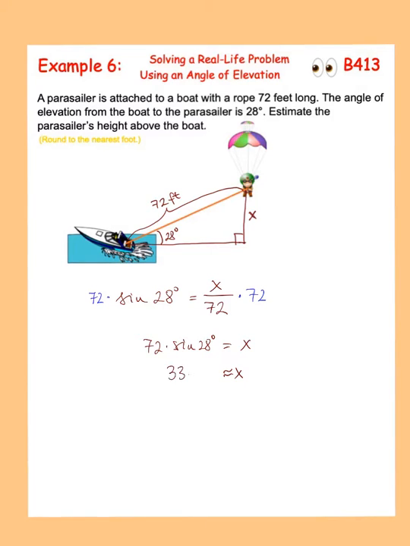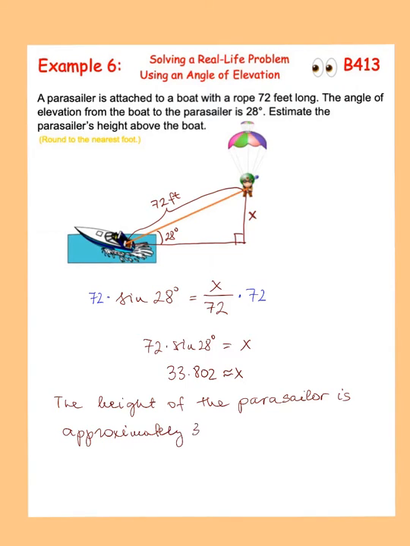33.802 feet. Then we have to round this to the nearest foot. So our answer will be the height of the parasailer is approximately 34 feet.